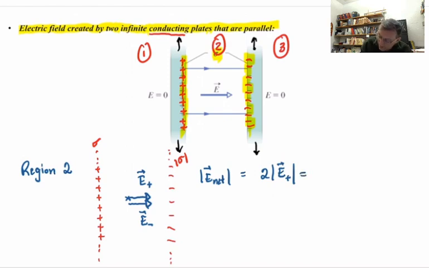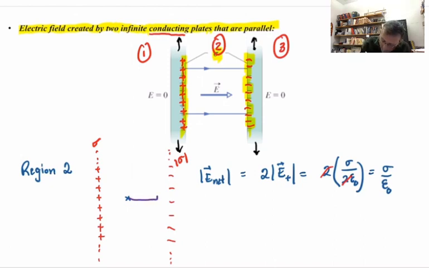And that is 2 times sigma over 2 epsilon 0, right? Because the field of one sheet is sigma over 2 epsilon 0. And I just double it. So what I get for the electric field magnitude in the middle region is sigma over epsilon 0 and directed to the right. So the actual physical electric field here is that.